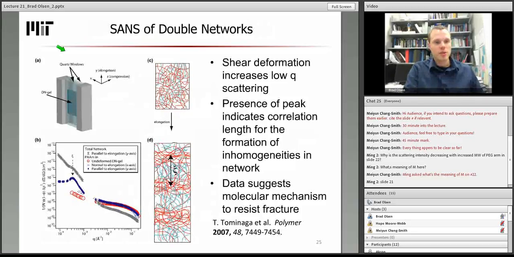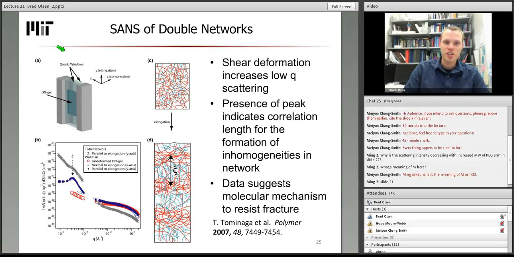All right, so looking at these double networks, a collaboration between some folks at NIST and folks in Gong's group and some other researchers was able to use neutron scattering to elucidate what was happening to the structure of these hydrogels under deformation. And so I've shown here the experiment that they performed. They took two quartz windows and put a double network hydrogel between the two quartz windows.